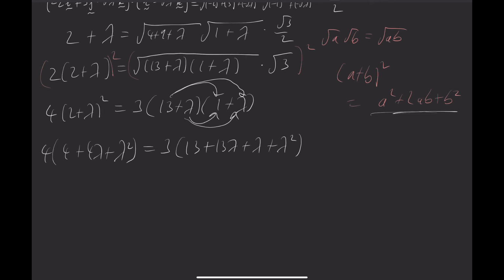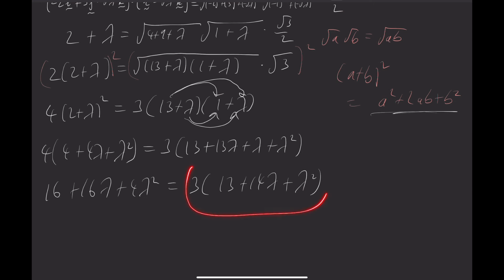So I'm going to expand these brackets here, and that will give me 16 plus 16 lambda plus 4 lambda squared, and this is going to be 3 times 13 plus 14 lambda plus lambda squared. Okay, you absolutely could skip this step. If you can see that that's 14, you can expand straight away if your arithmetic is good enough.